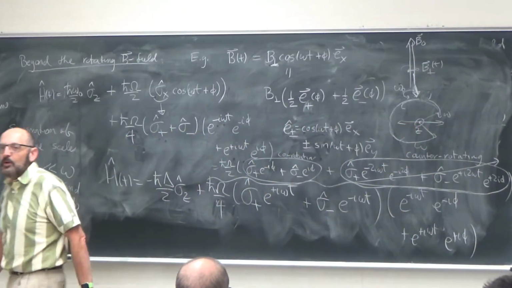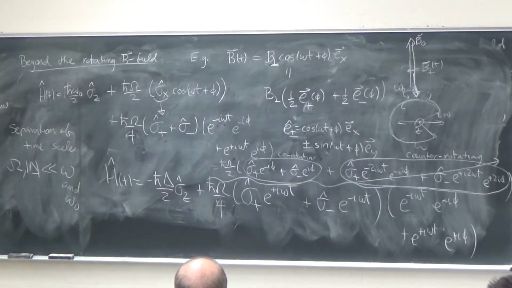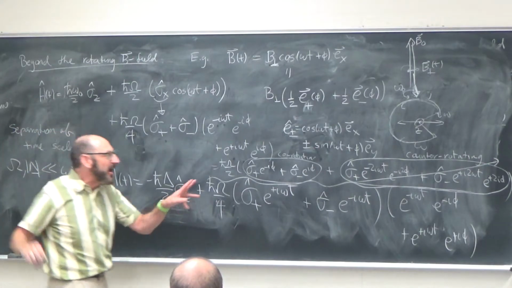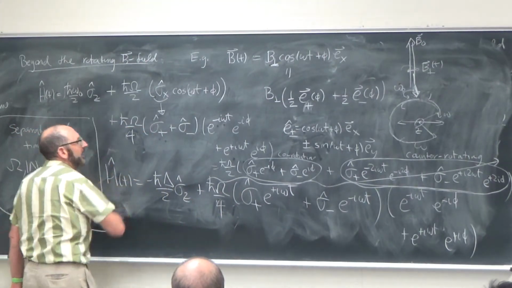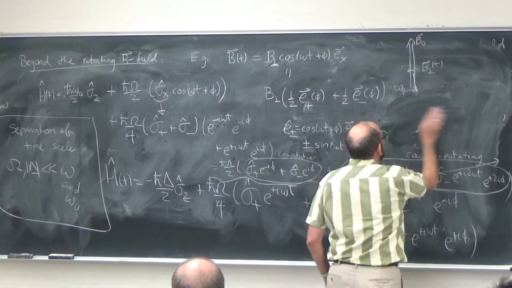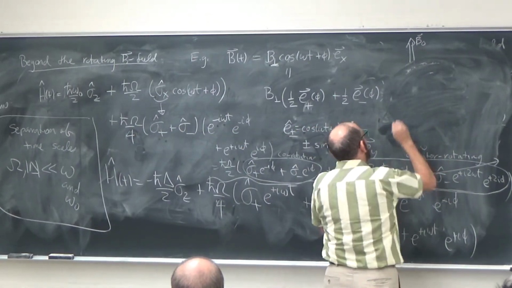But we can make it more rigorous, but we're not going to. Okay? And that, neglecting those highly oscillating terms, when this is true, is known as the rotating wave approximation.